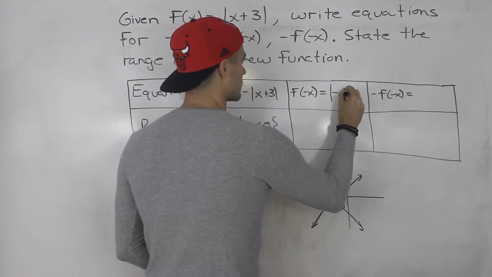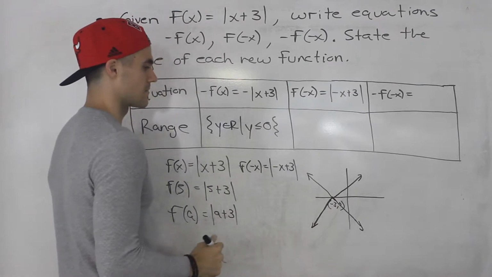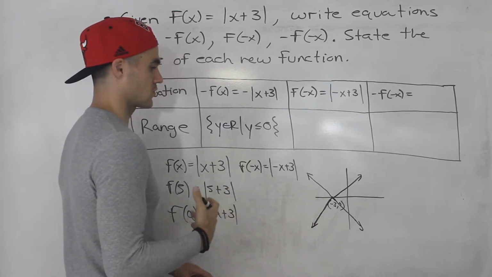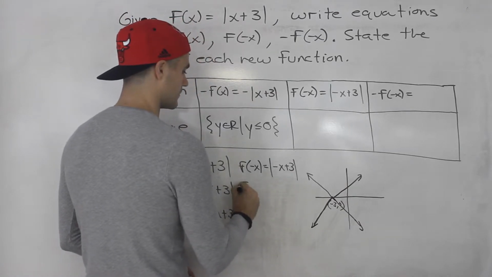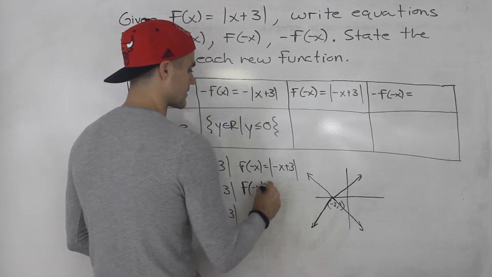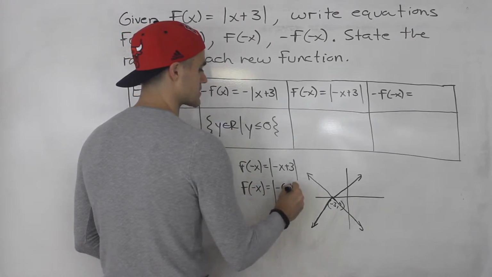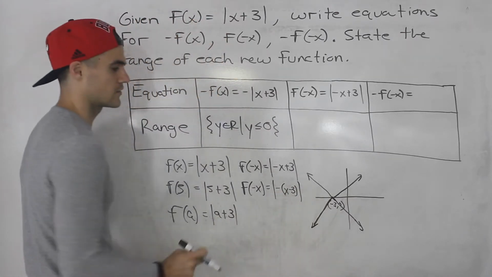It's going to just be negative x plus 3, or 3 minus x. And if you want to actually write this in a nicer way, you can also write it like this. So you could factor out that negative and you could write x minus 3, because that negative 1 is like the k value, right?